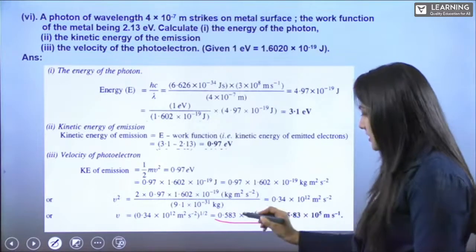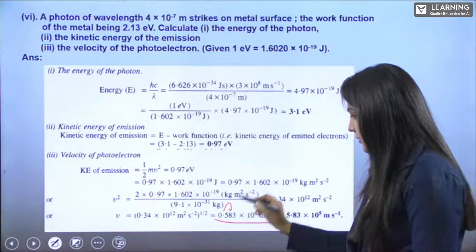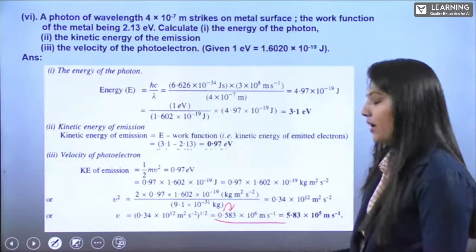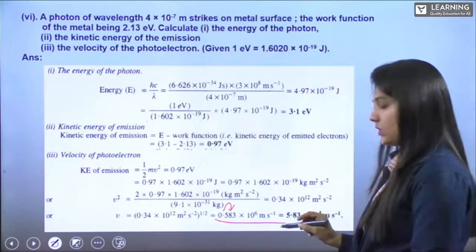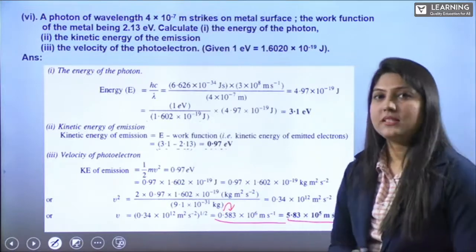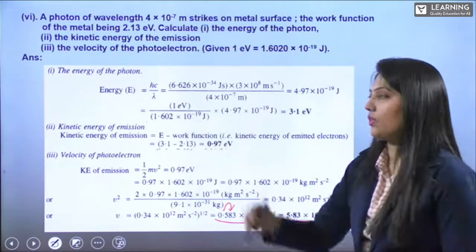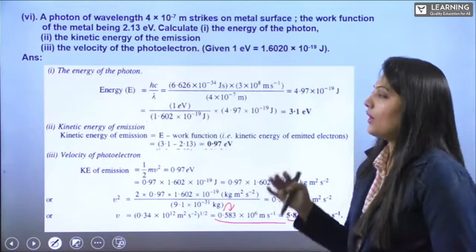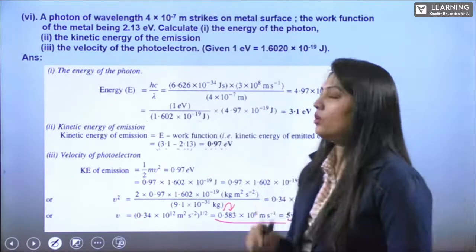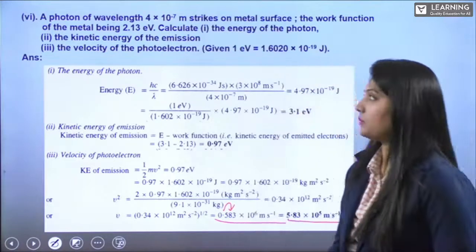If you shift the decimal point one place towards the right, you'll get 5.83 into 10 raised to 5 meter per second. This is how you can find out the velocity of the photoelectron, the kinetic energy of emission of the electron, and also the energy of the photon.